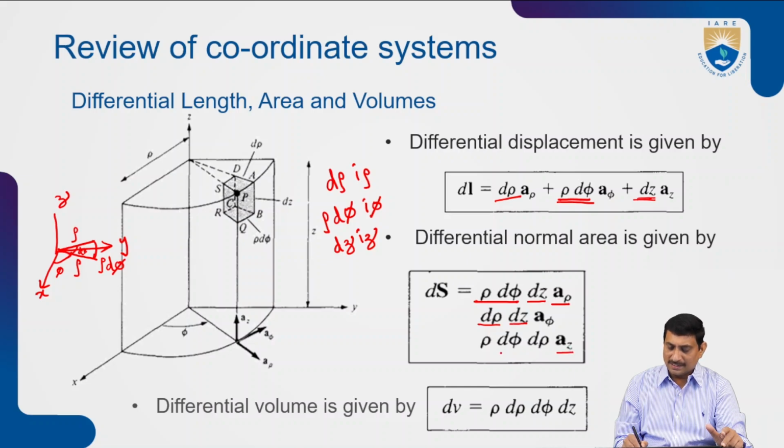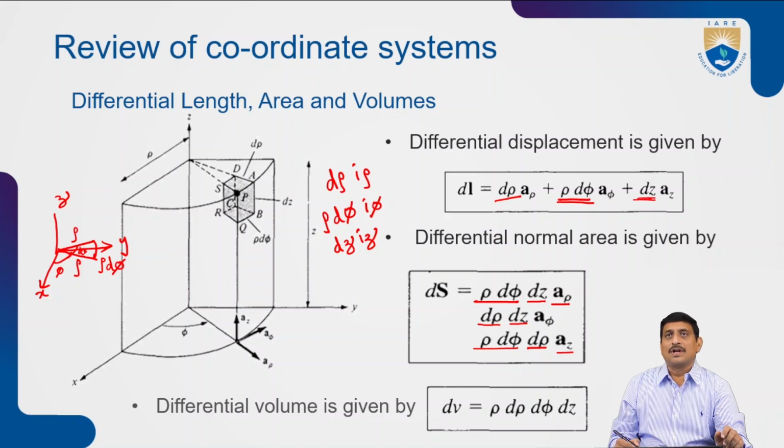In the a_z direction, phi and rho are increased: the incremental length in the rho direction is d rho and in the phi direction is rho d phi. These are the incremental normal areas in the cylindrical coordinate system.